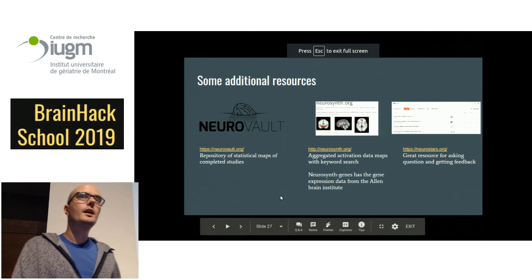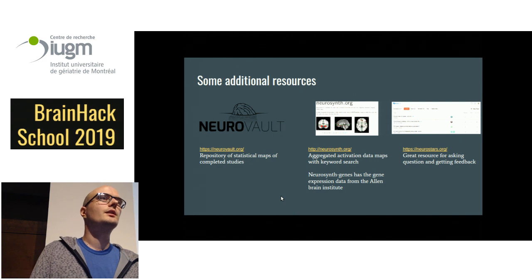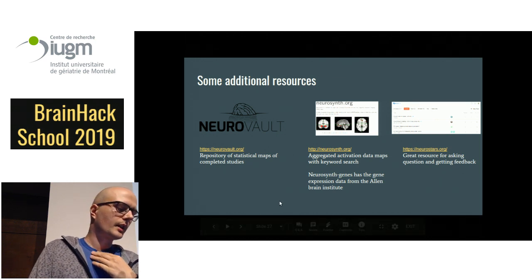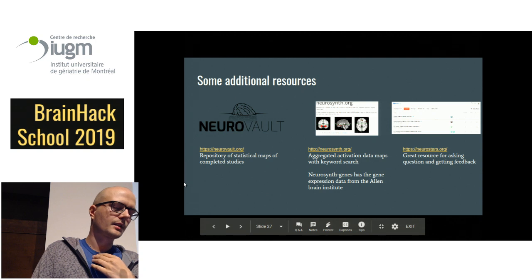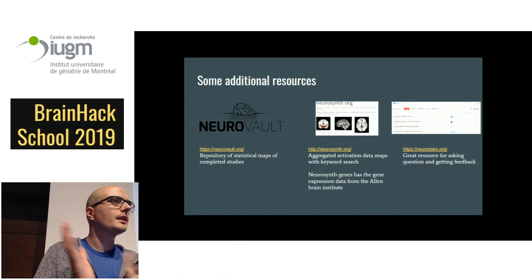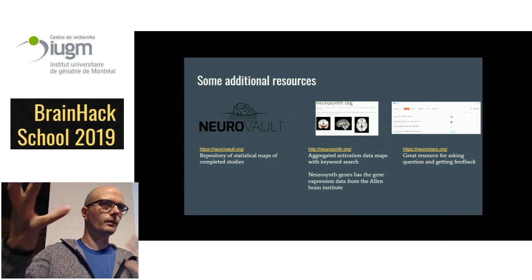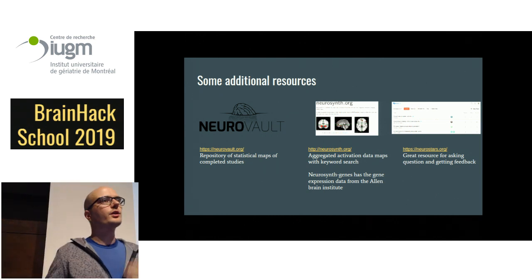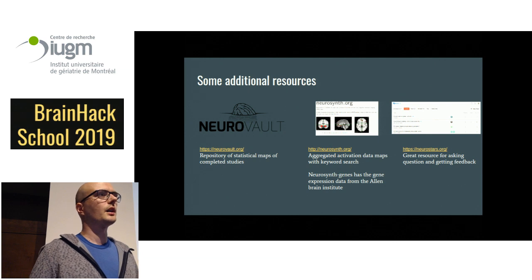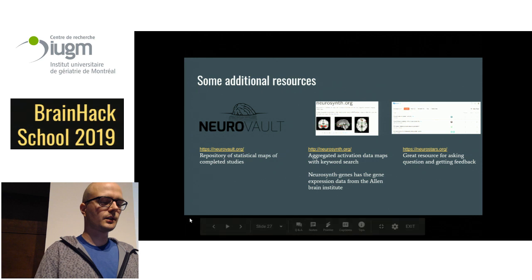And then lastly, what I haven't talked about much during the presentation is how you get to data that's already analyzed in a way, right? So NeuroVault is exactly that idea. If you run an analysis, and let's say you do some kind of group contrast and you find differences somewhere in the brain or some spatial map, those statistical maps you can upload to NeuroVault, and then other people can use them and look at them and do further analysis on those.